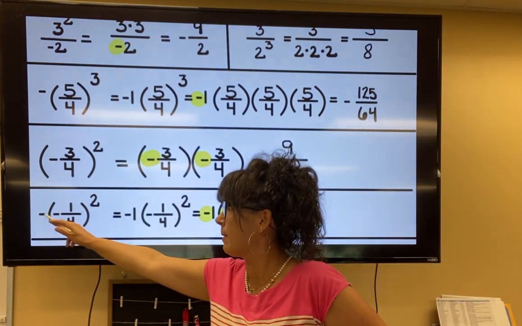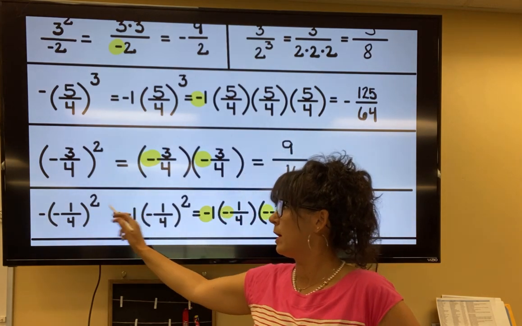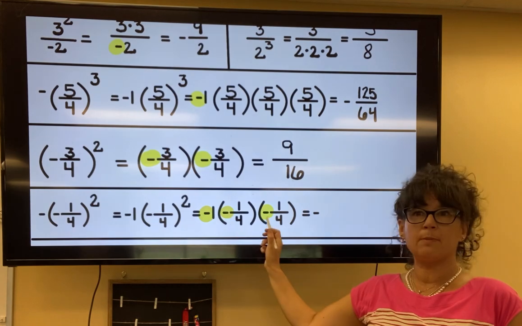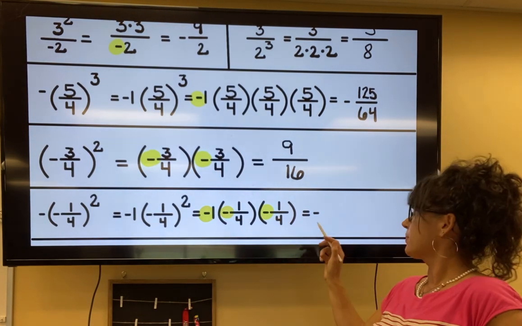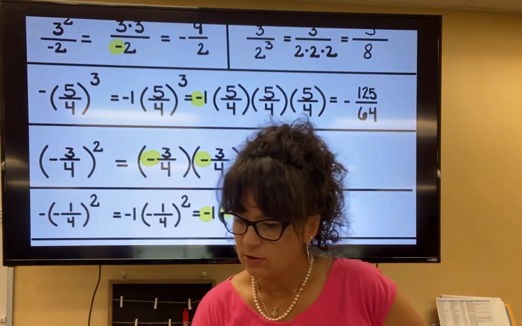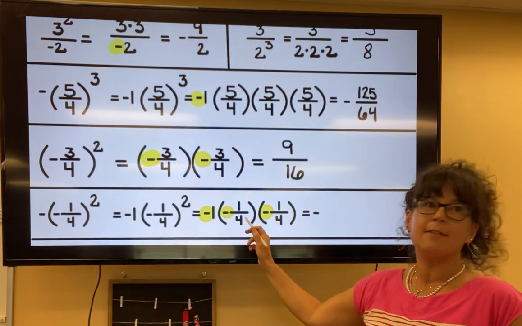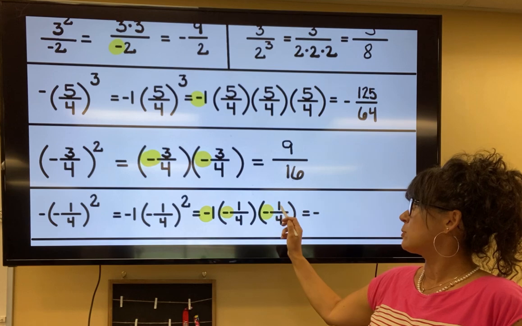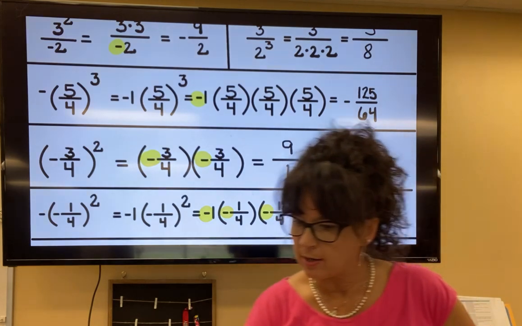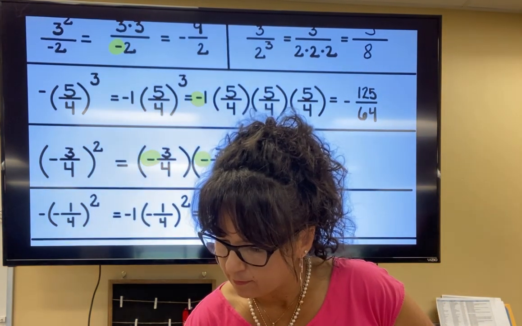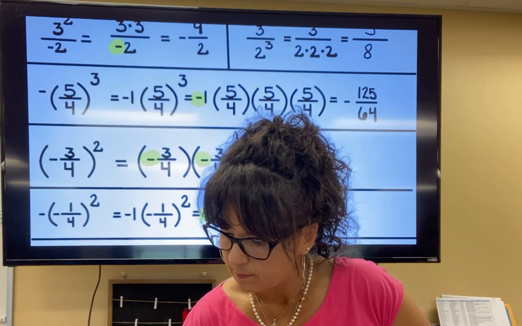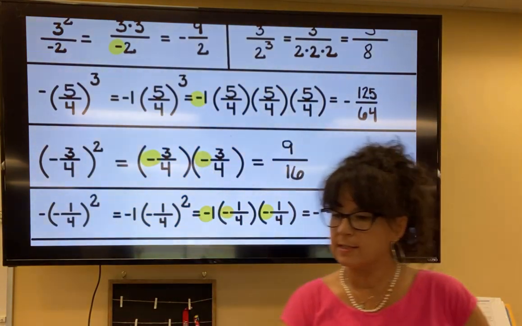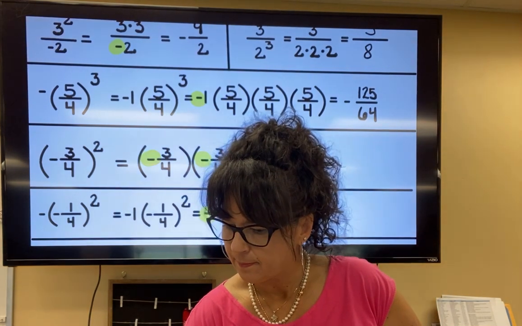Notice one more time, I turned that negative into a -1, then I copied -1/4 twice, counted my negatives. Okay, so then I know my answer is negative, and then 1 times anything is itself, multiplying straight across. 1 times 1, we'll have 1 in the numerator. And then multiplying straight across, 4 times 4 is 16.